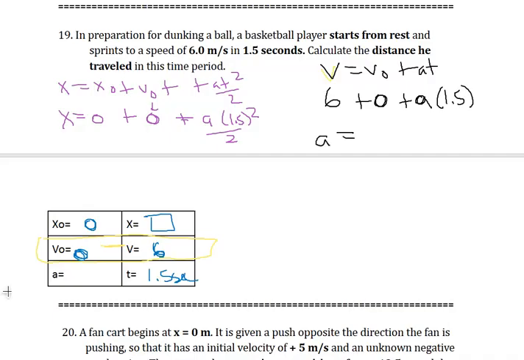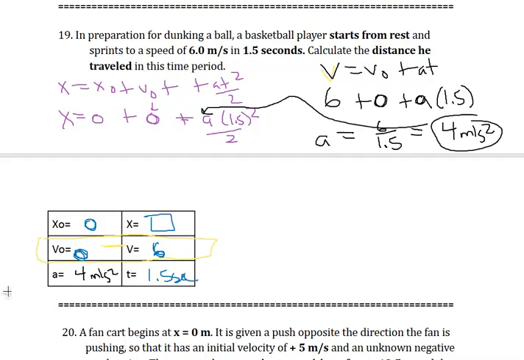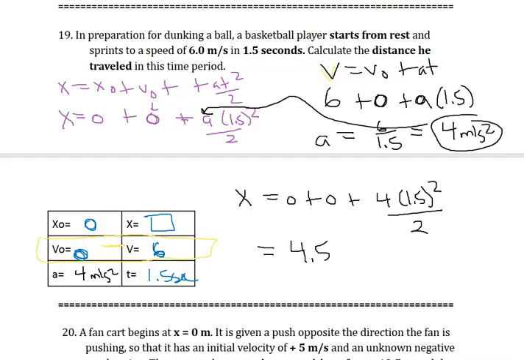So I divide both sides by 1.5. And that is a 4. Okay, so we didn't really care what that was. That's why we call it don't know, don't care about acceleration. But it's useful information, and now you can complete this function. Now we can say the distance traveled is 0 plus 4 times 1.5 squared over 2. And if you run through that math, you get 4.5 meters.